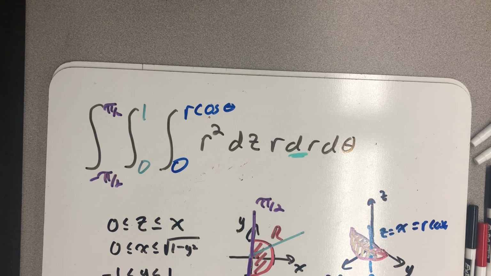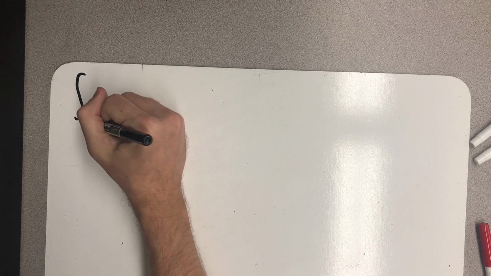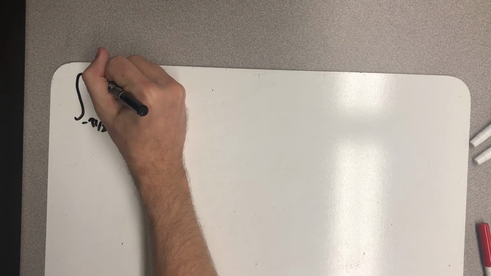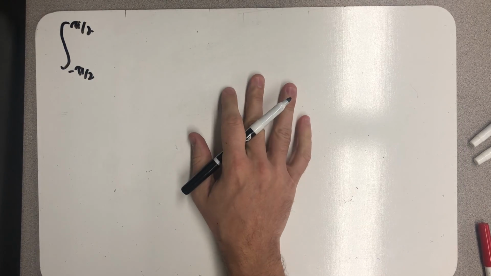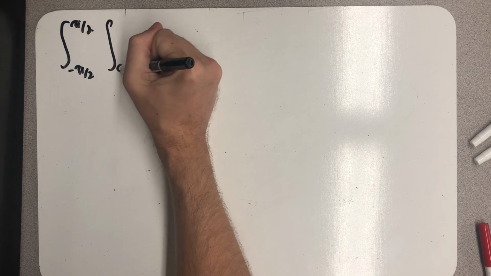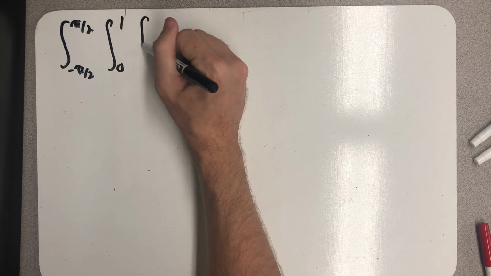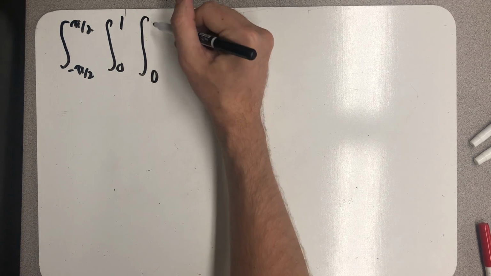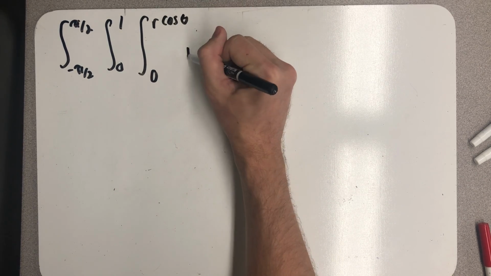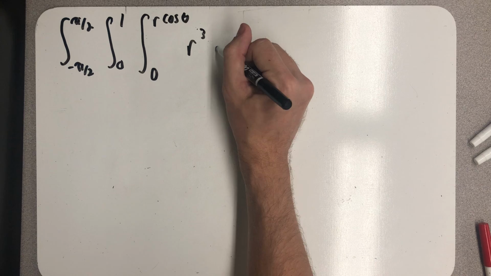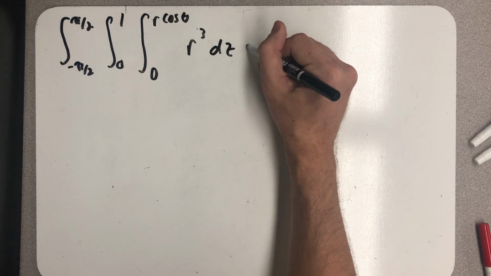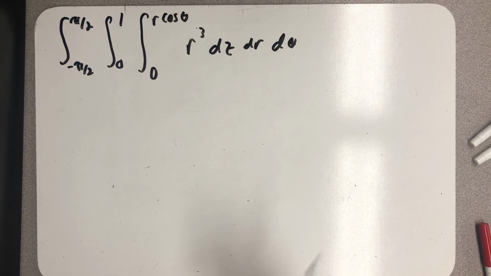To give us enough room, I'm going to rewrite this on the next board, writing this down as an r cubed. Our bounds for theta were minus pi halves to pi halves. Our bounds for r were from 0 to 1. On z, we're going from 0 to r cosine theta. Our integrand is now r cubed dz dr d theta.